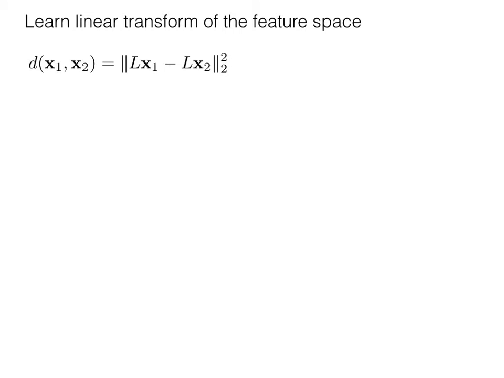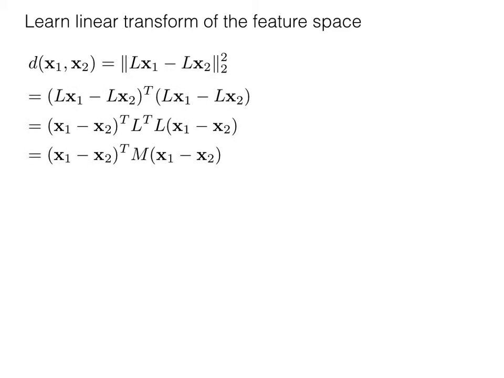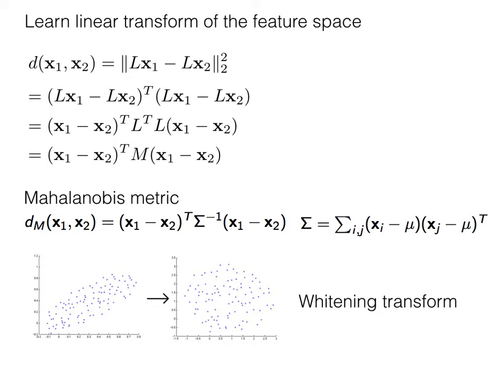So we define this linear transform here, L, and through some manipulation we get this Gramian matrix M, which is a positive semi-definite matrix. And this expression here, the last one, is what is called a Mahalanobis metric. And the Mahalanobis metric is a whitening transform when applied to Gaussian random variables.